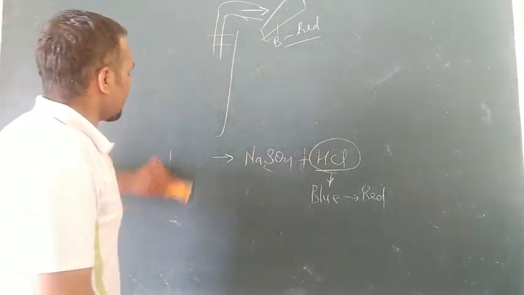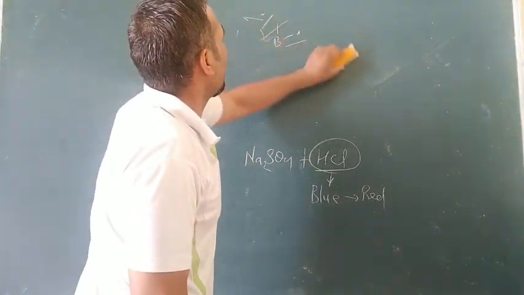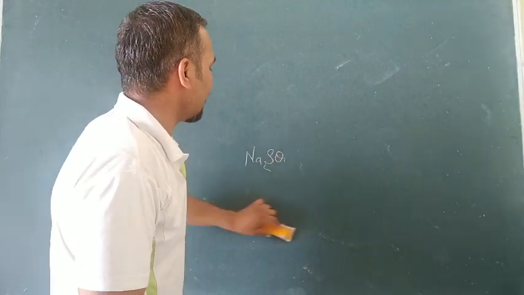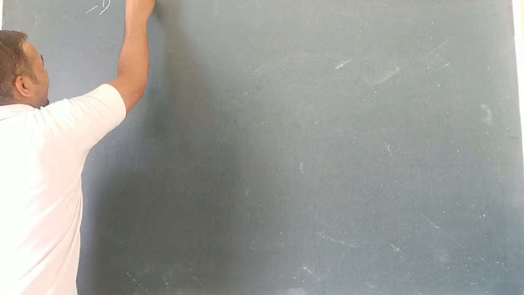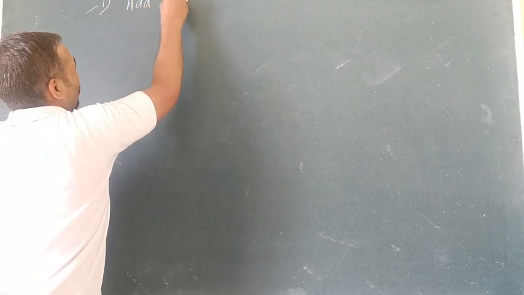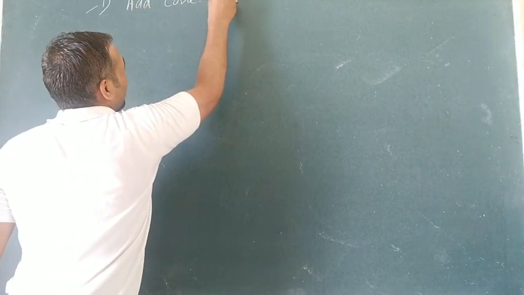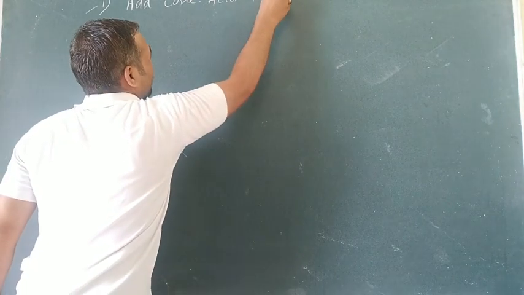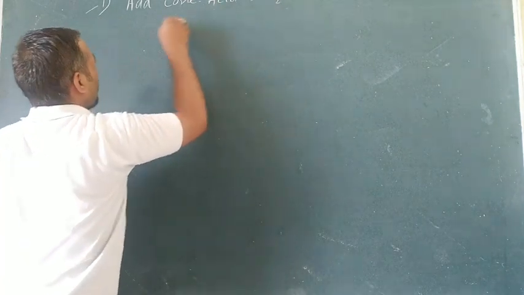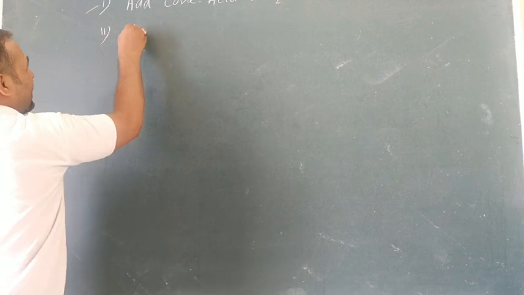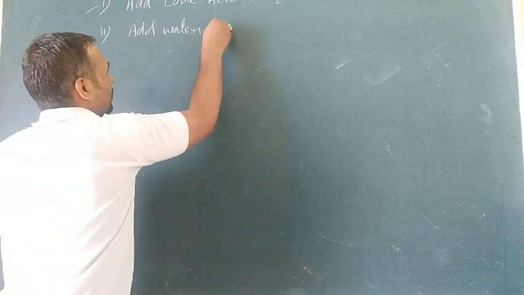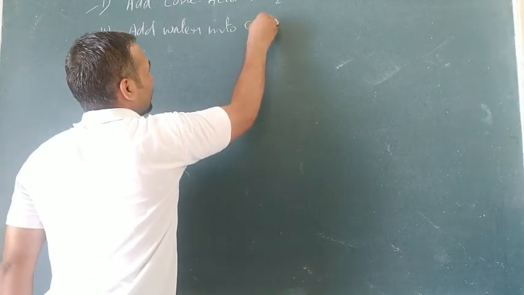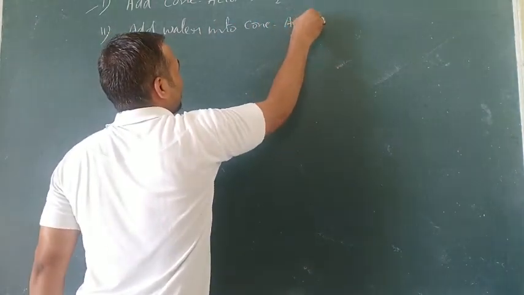If you have been asked to dilute the acid, how are you going to dilute the acid? There are two ways. Number one is either you add concentrated acid into water, or add water into concentrated acid.